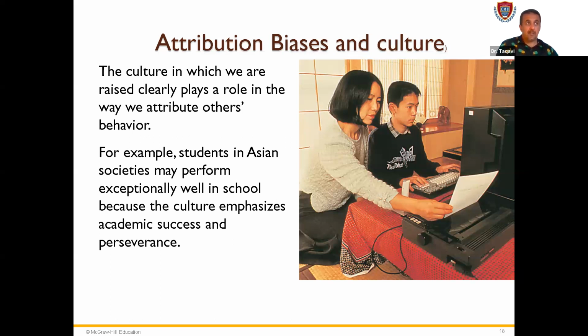Many successful students are not from white American or other races here, but, for example, Chinese American or Oriental American. The culture in which we are raised clearly plays a role in the way we attribute others' behavior. For example, students in Asian society may perform exceptionally well in school because the culture emphasizes academic success and perseverance.